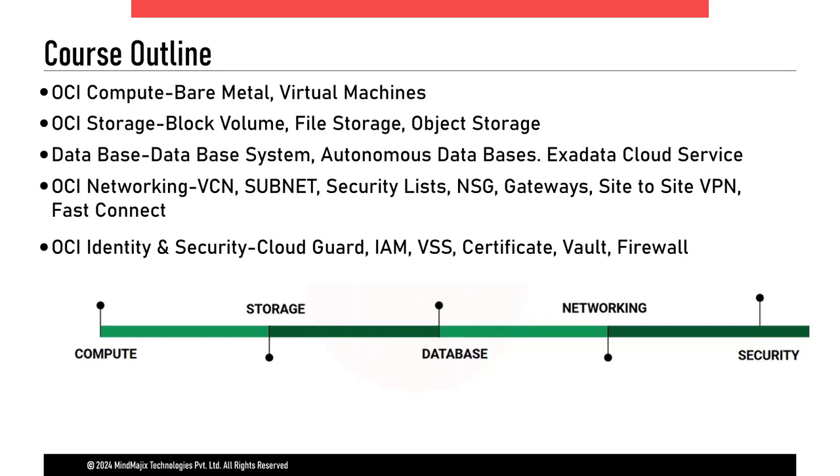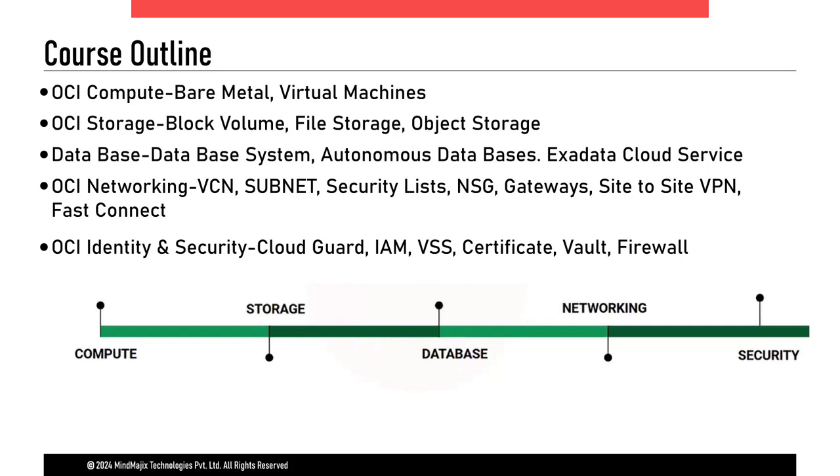On the security aspects, it will monitor everything, and it will give you a report if something is going out of the CIS benchmark. It will create those alerts for you so that you can take care of them and secure your tenancy. Cloud Guard can be enabled on the entire tenancy, and it is done only once. Once you enable it on your tenancy, it will keep on scanning the entire tenancy.